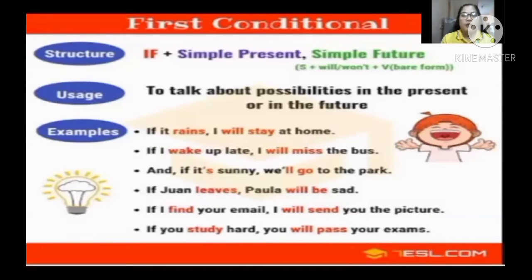If clause wake up, and then the main clause that uses future tense will miss. Next is, if it's sunny, we'll go to the park. It's is the verb, it is. Then will go, it means we will go to the park.